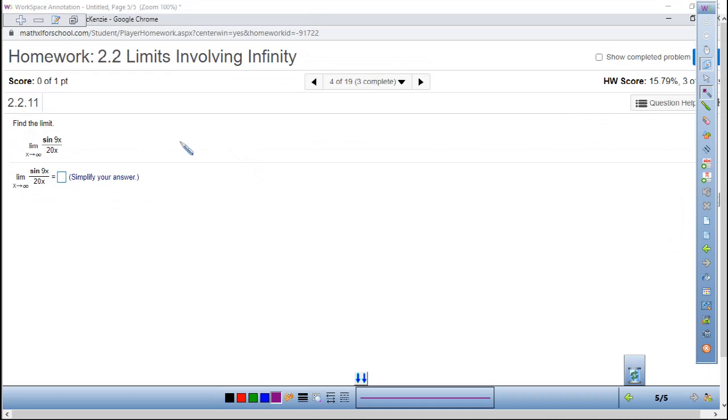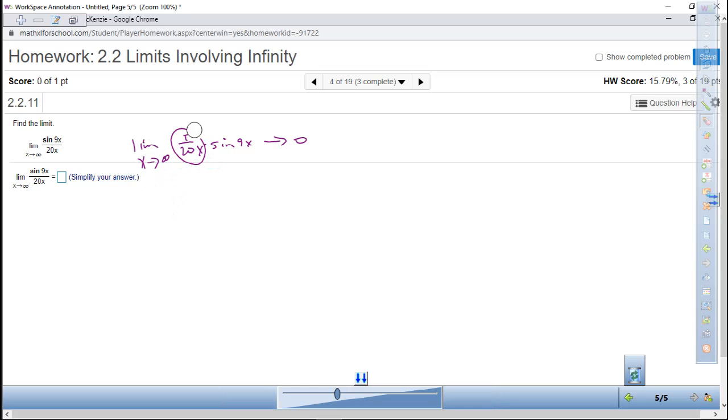It's the same thing. You're going to think about this as 1 over 20x times the sine of 9x. Once again, there's the amplitude, and that thing's going to go to 0. So this thing's going to approach 0 as x approaches infinity. If this had been 0, then you've got to do it with the other method.